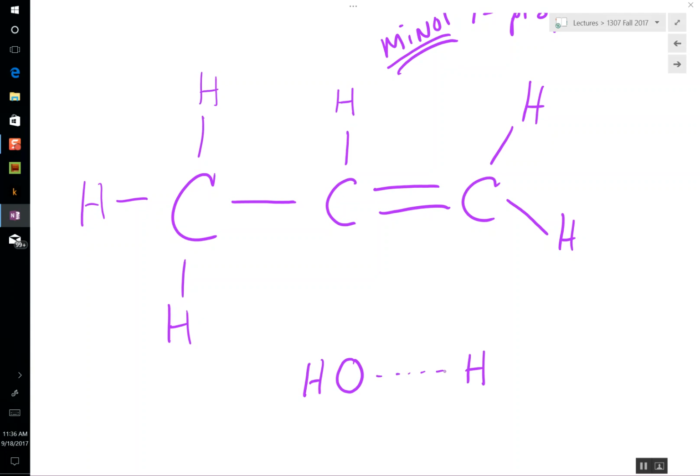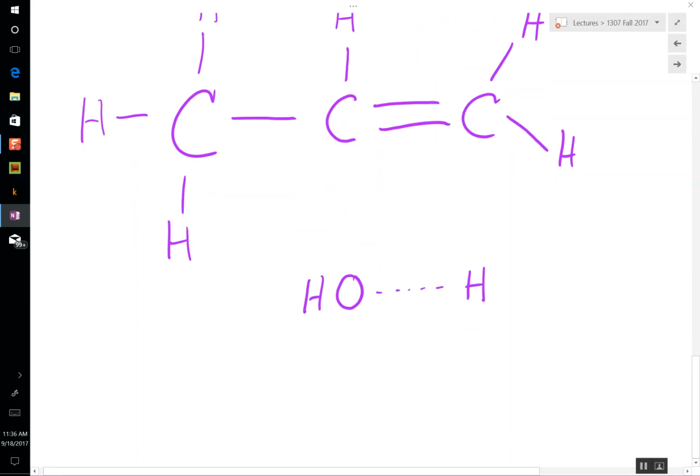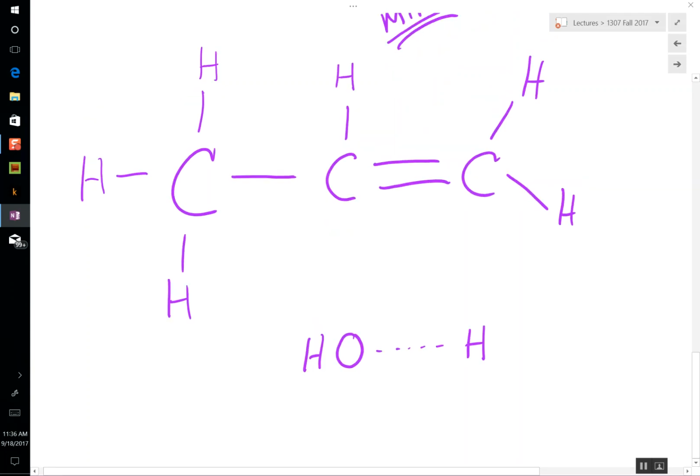And what did Markovnikov come up with? He said, okay, on unsymmetrical reactants like water, the hydrogen is going to add to the carbon with the most hydrogen already on it. And the other part of the molecule is going to go on the other carbon.